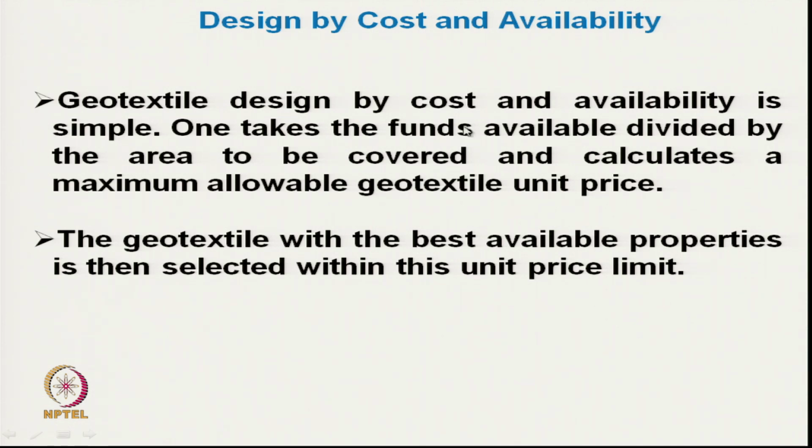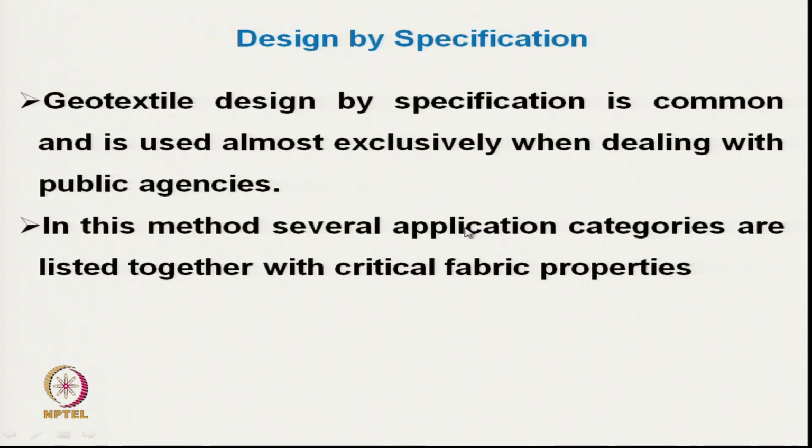So, geotextile design by cost and availability is simple. One takes the fund available divided by the area of the coverage and calculates the maximum allowable geotextile per unit price. So, that is a simple way. By specification, geotextile design by specification is commonly used and is used almost exclusively when dealing with the public agencies like road, railway track construction.